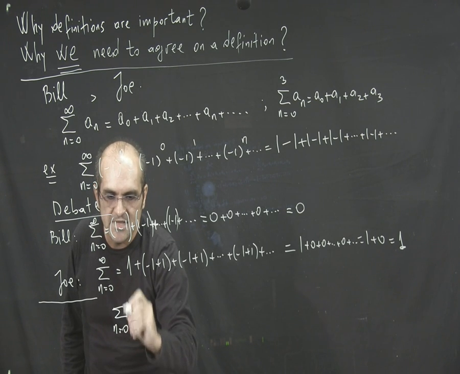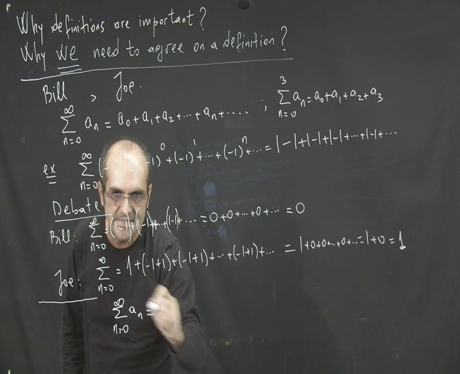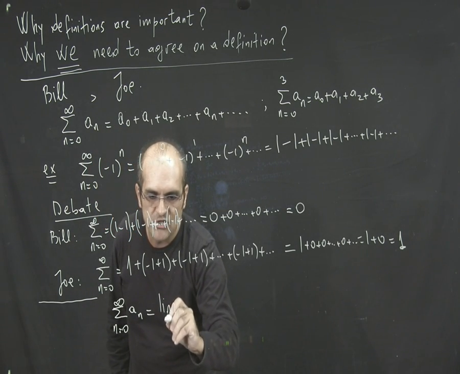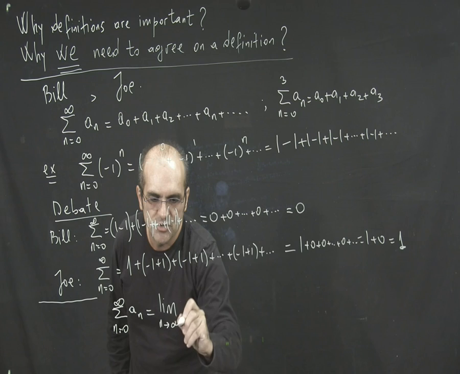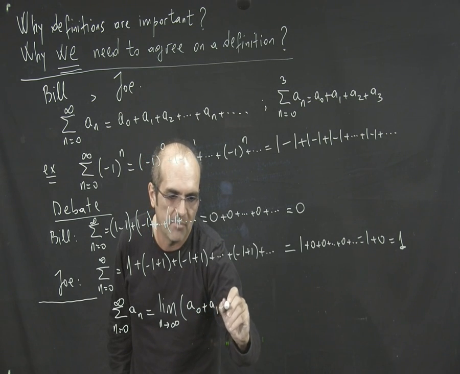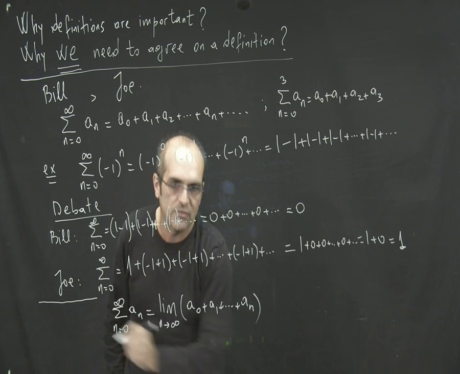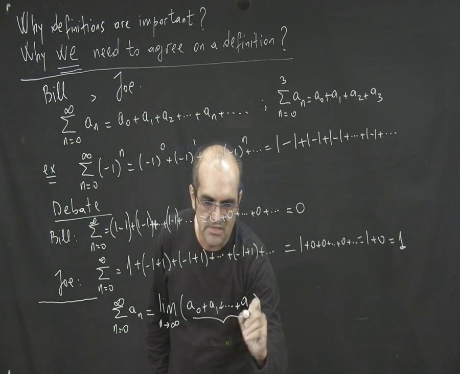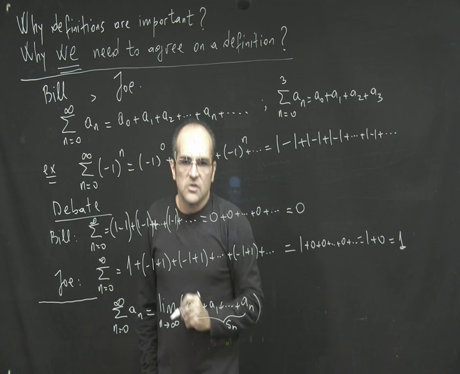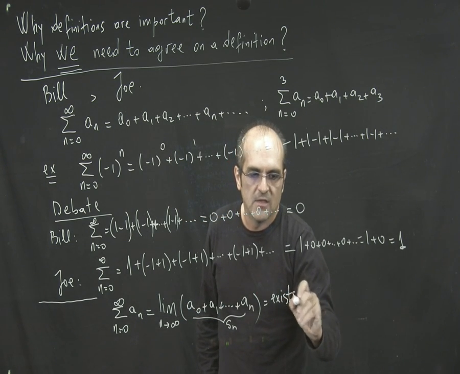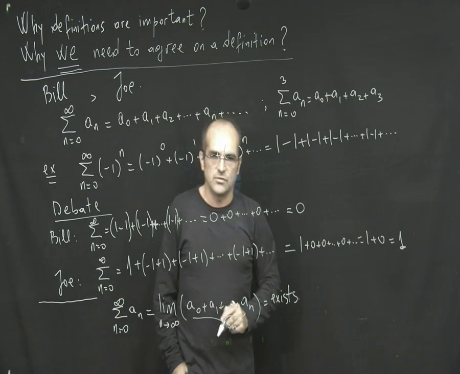So we say that an infinite sum like this one exists if the limit of the so-called partial sums, which means adding the first n numbers, or n plus 1 in this case, because I started the count from 0. This is called a sequence of partial sums, usually denoted by Sn. So if this exists, then this limit constitutes the summation.